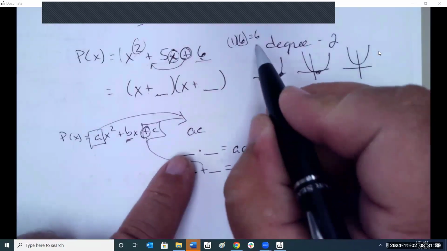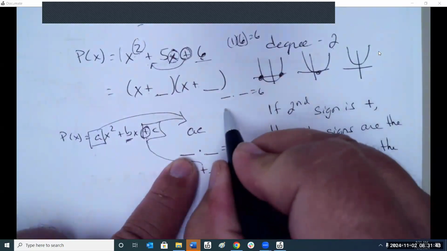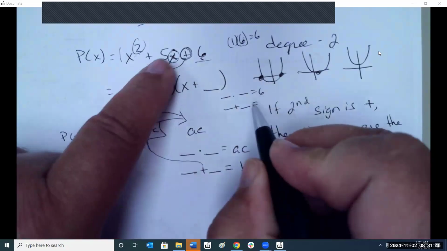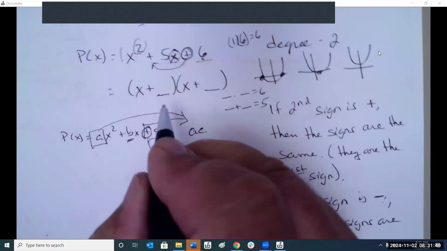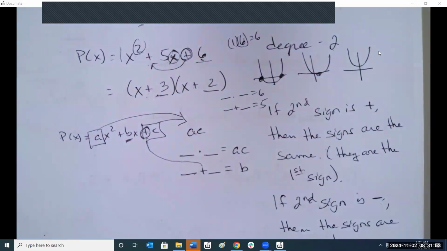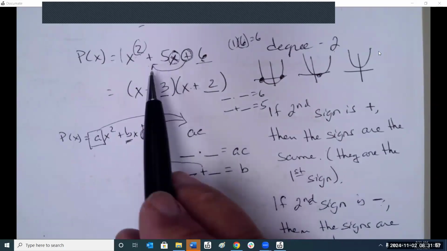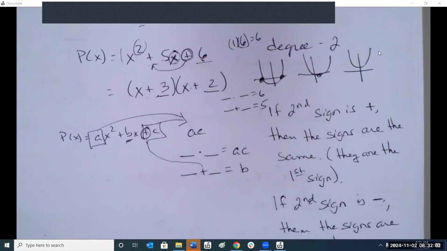So we got to figure out what times what equals 6, that when I add them, I get 5. Since they're both positive, 2 times 3 or 3 times 2, doesn't matter which ones. So that's the factor of that polynomial. What are my zeros?